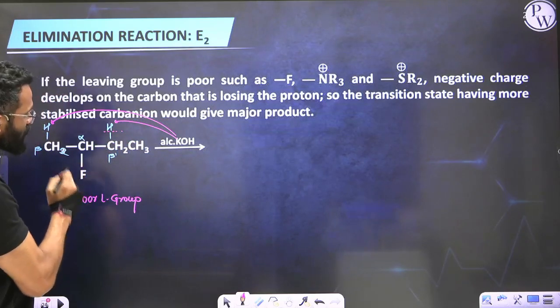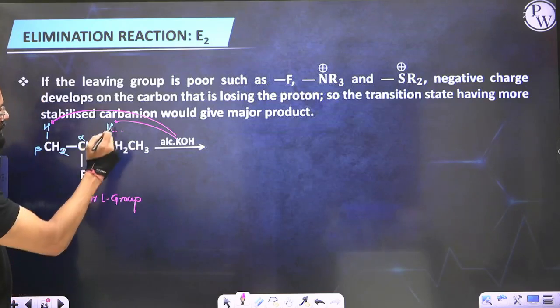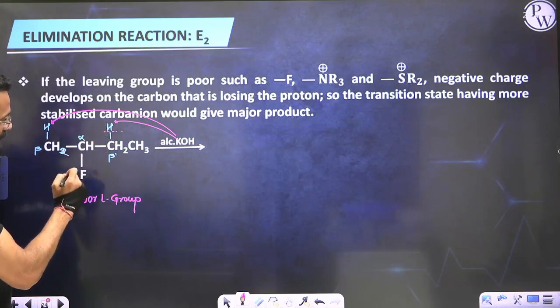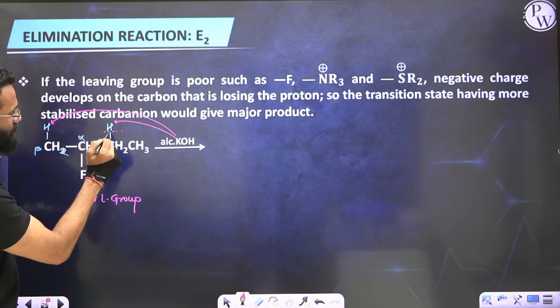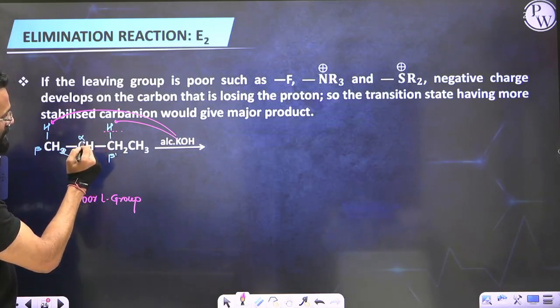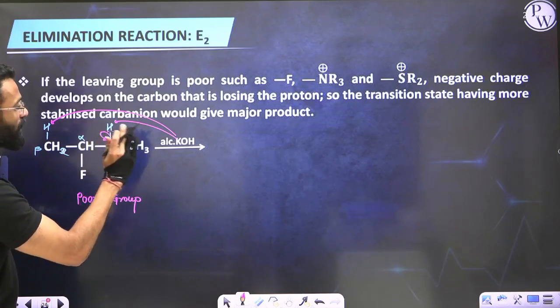But we know the fact that fluorine is a poor leaving group. So after loss of hydrogen, when the sigma bond would want fluorine to push ahead and leave the alpha carbon, it is not going to leave. So such a sigma bond, instead of getting delocalized between beta dash and alpha, remains on the beta dash carbon for a while.